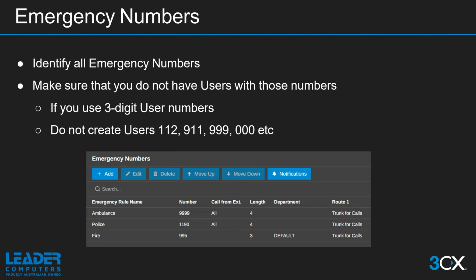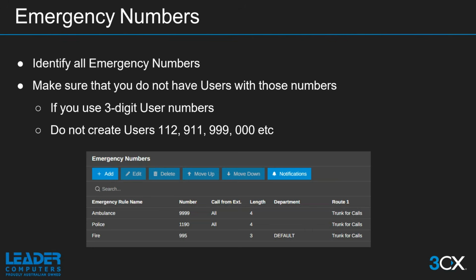And you know 000 is our emergency number. So let's say there is an actual emergency and someone is trying to dial 000 from their desk phone or their 3CX app, it will not reach the emergency services.